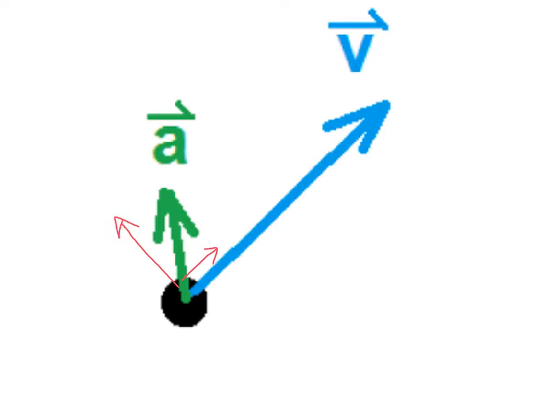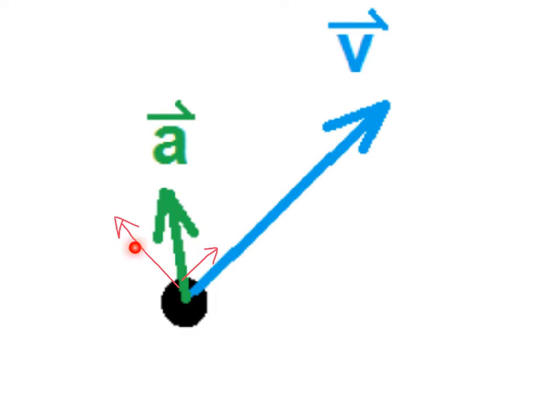We can see that these two accelerations added together give us the original acceleration. So, what are the effects of these two components? This component lies along the line of the velocity and points in the same direction as the velocity. So, it will help speed up the particle.